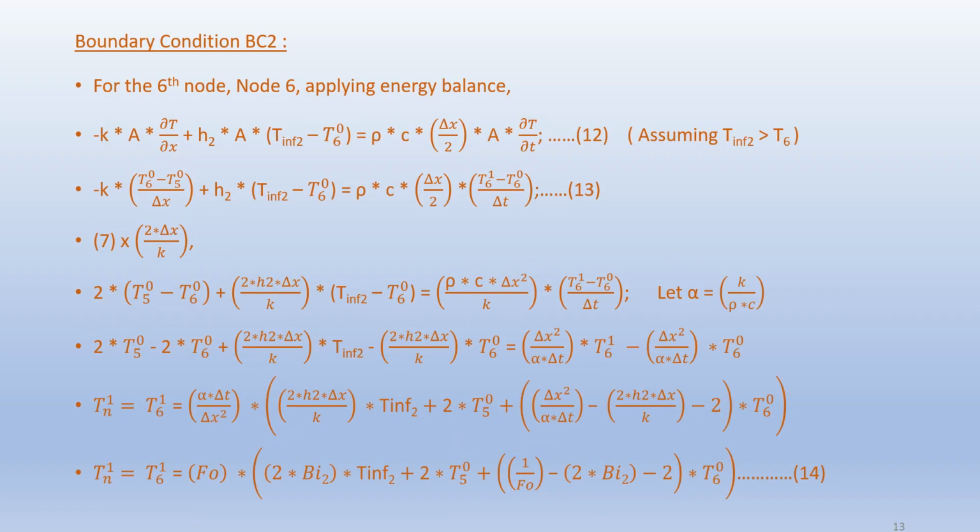Likewise, we can solve for the temperature at the other boundary node, Tn, for the first step. That is Tn^1 equals T6^1 equals Fourier number times 2 times Bi2 times T infinity 2 plus 2 times T5^0 plus 1 over Fourier number minus 2 times Bi2 minus 2 times T6^0.